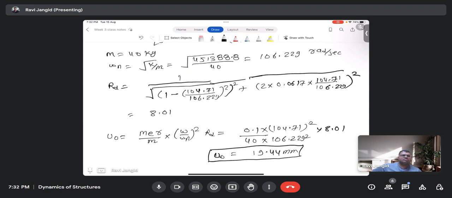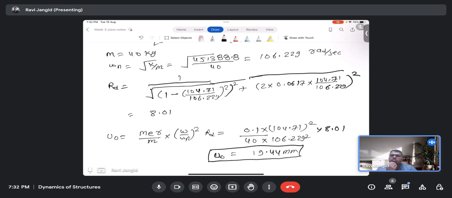But here, if it is the ratio of successive cycles, how to solve that? This was not clear to me actually. Suppose it is the ratio of successive cycles, then you need not calculate the u naught; you have the u naught and sine omega t, like the steady combined response.